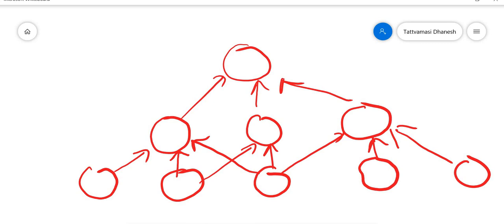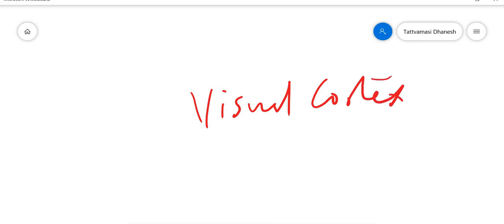The convolutional neural network is a design inspired by the animal visual cortex. See, the design of this convolutional neural network is inspired from the visual cortex of the animal brain or human brain. The visual cortex is behind your brain.